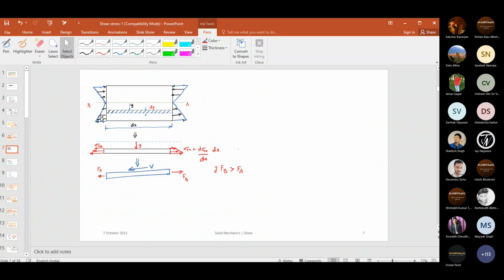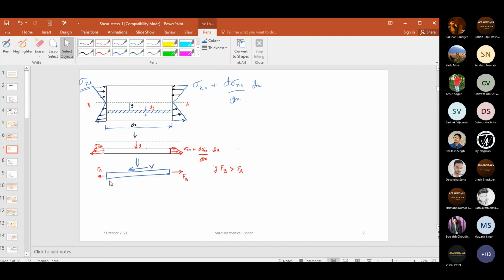Let's say bending moment varies like this, and because bending moment varies, bending stress varies. I can write on this side sigma xx plus d sigma xx by dx into dx, and this side it is sigma xx. So over the depth it varies at different points, and the values will be different.